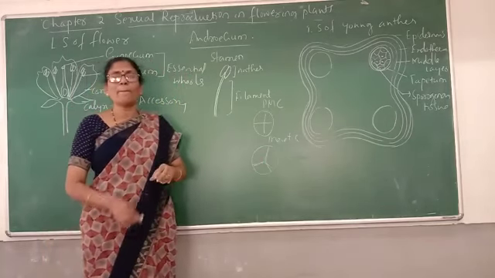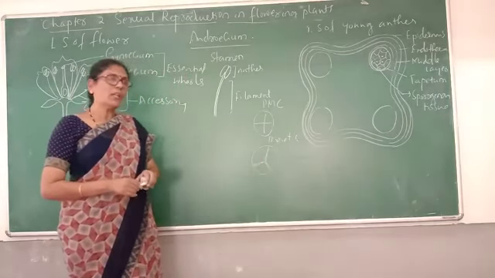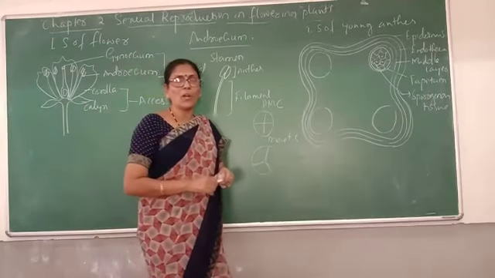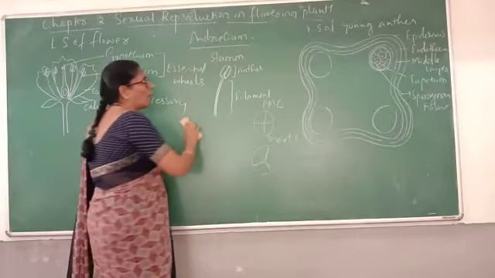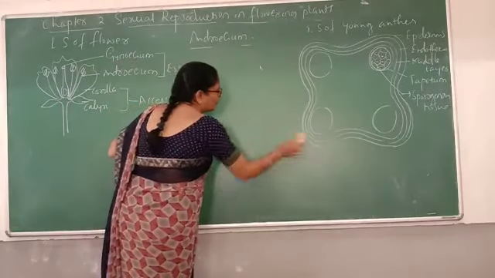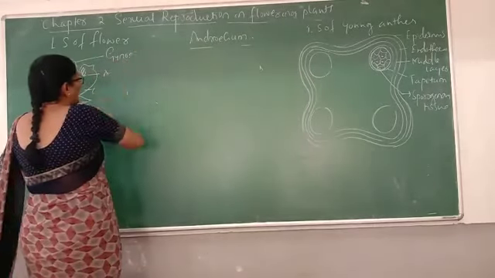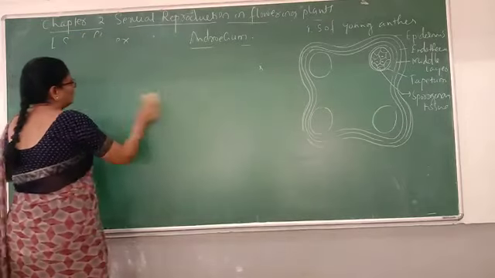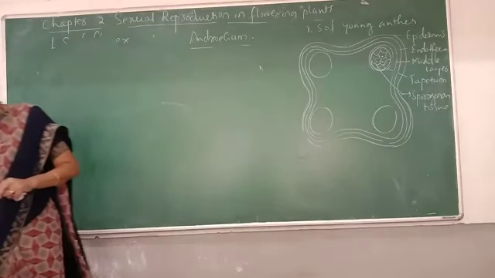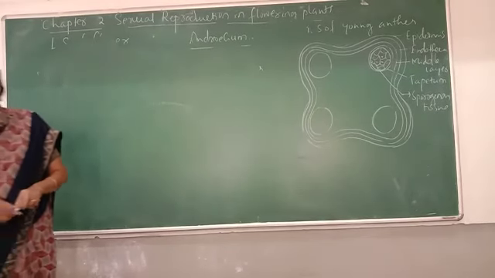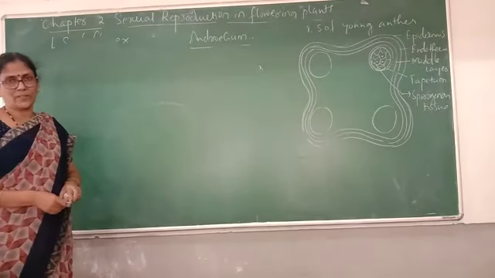The structure of a pollen grain. A pollen grain is a haploid male gametophyte. Each pollen grain measures 25 to 50 micrometers.